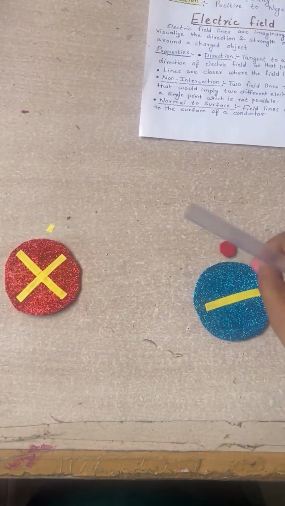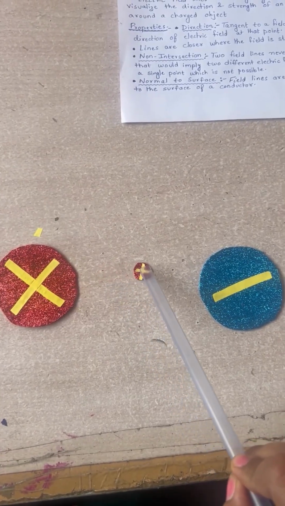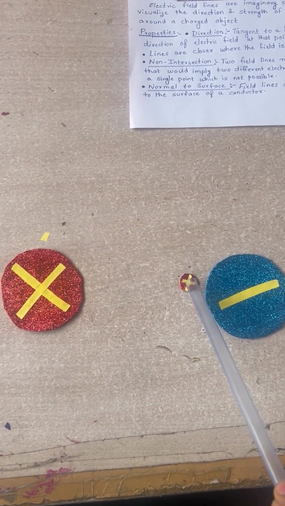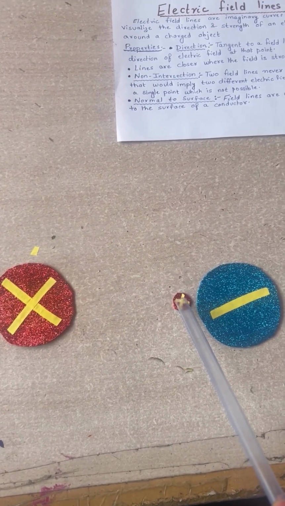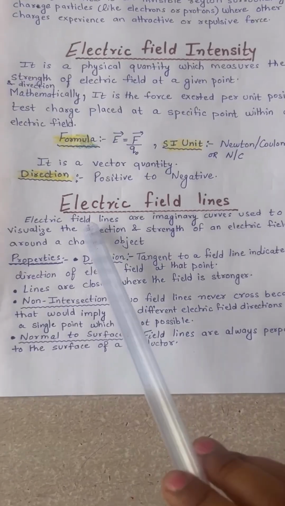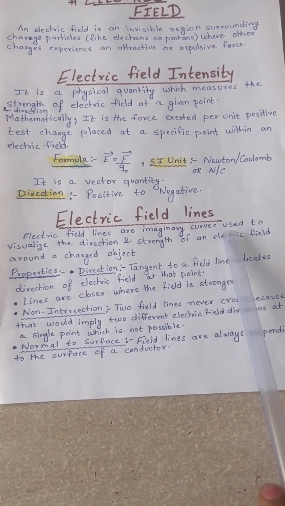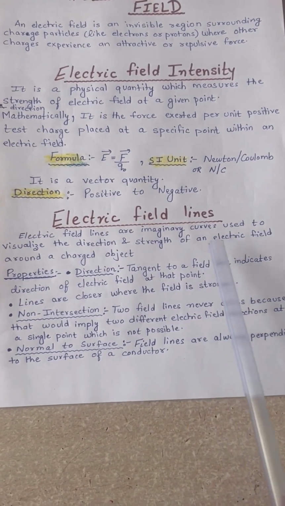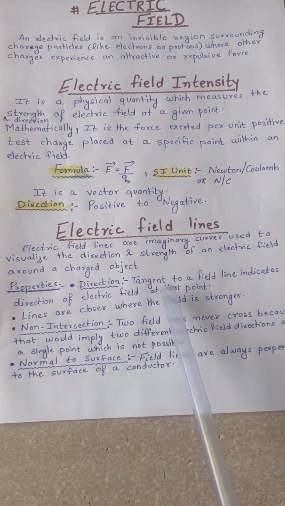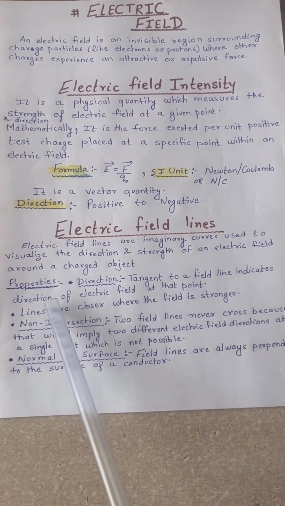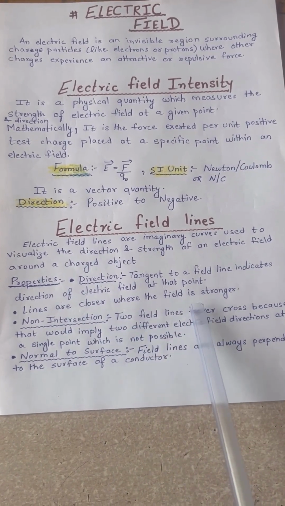Like if two positive and negative source charges are placed in this way, the positive test charge will move from positive to negative, which gives the direction of electric field. Now this direction of electric field is depicted by electric field lines, which show the direction of electric field at a given point, and the tangent to the electric field line gives the direction of electric field.